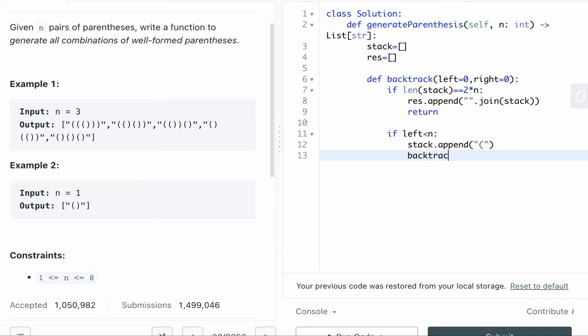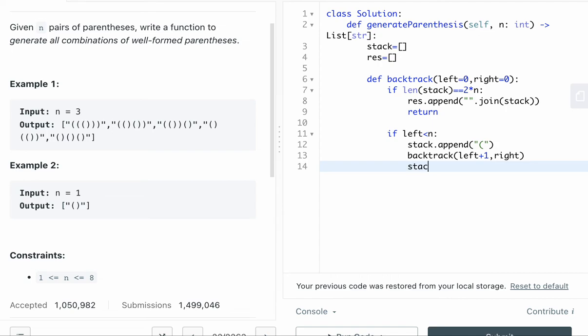In this case, the next value is left plus 1, so I add one more left parenthesis and the right side remains the same. The next step in the backtracking function is that you pop back to the previous state after you append the value, so that you can get a different combination.